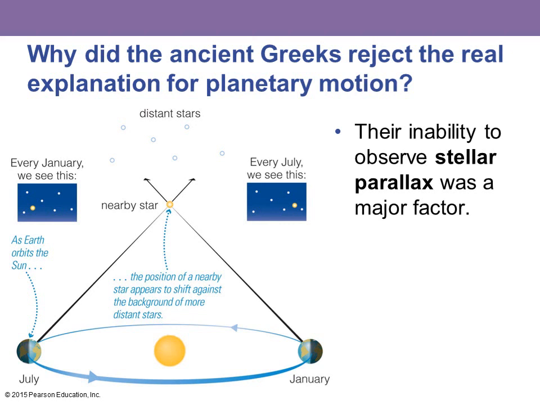So I think this is the last slide describing why the ancient Greeks rejected the real explanation for planetary motion. Well, they couldn't observe stellar parallax. They couldn't really see the difference in stars very, very far away and see if they shifted in the night sky.